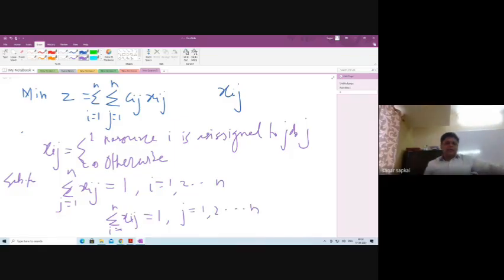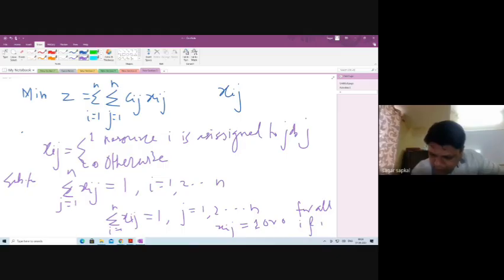This is the demand constraint, and this is our problem. And another constraint will be xij will be either equal to 1 or 0 for all i and j's.